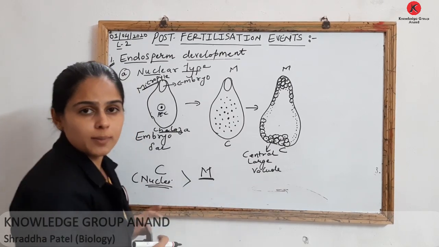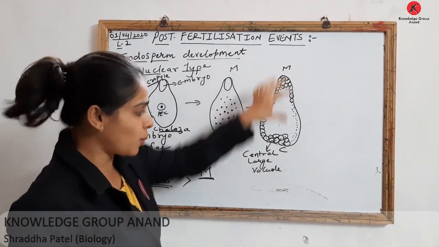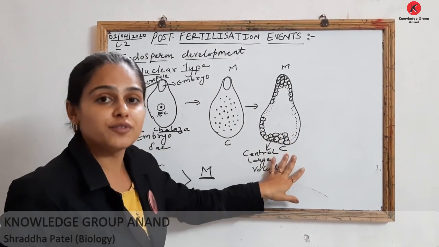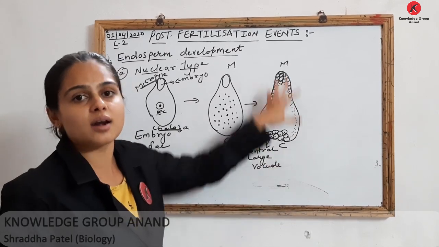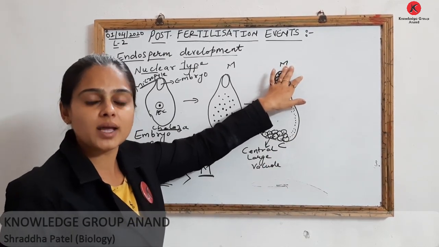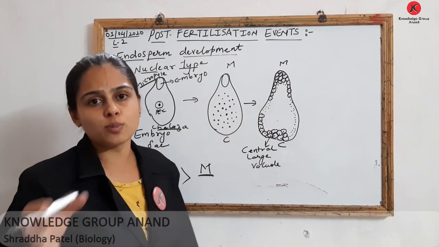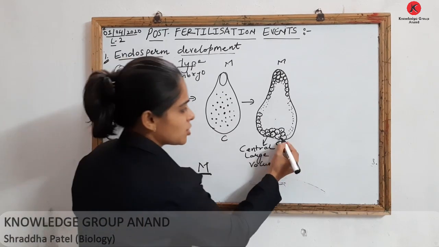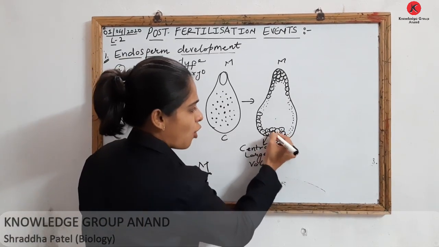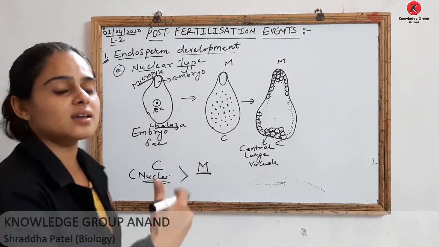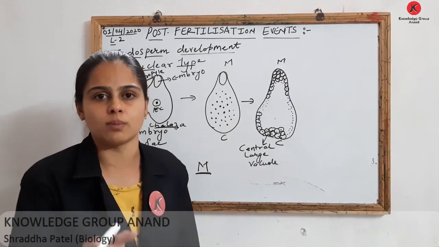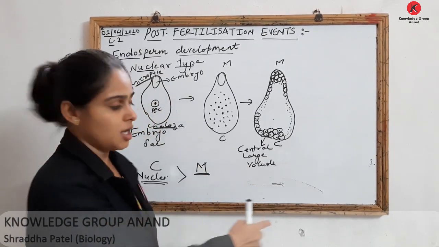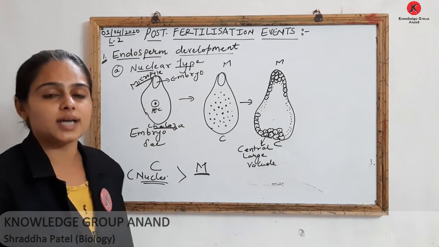Most probably these nuclei aggregate at your micropylar region and your chalazal region. The important point I told you is that free nuclei of your chalazal region are larger than those of your micropylar region. As your fruit matures, if you are talking about coconut, as your coconut matures, these nuclei get cell wall deposition, that is your cellular endosperm. That is the second type that I have written. So this is your nuclear type of endosperm.